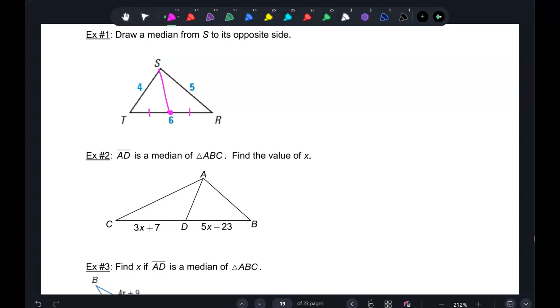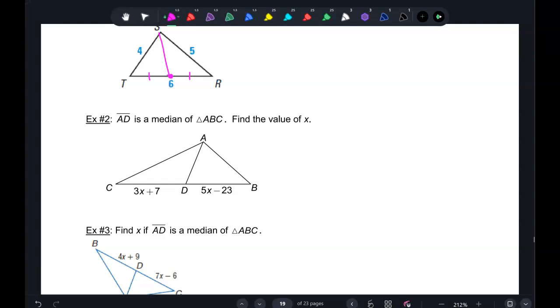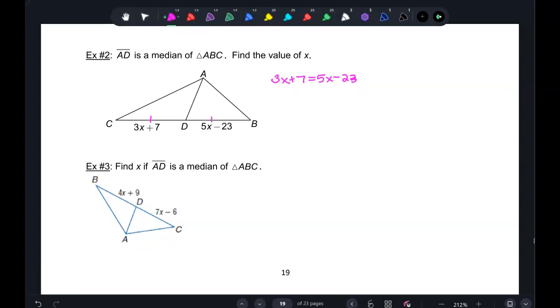Okay, good. AD is a median of triangle ABC. Find the value of x. If this is a median, we know 3x plus 7 has to equal 5x minus 23. We're just finding the value of x, so I'll subtract 3x from both sides.